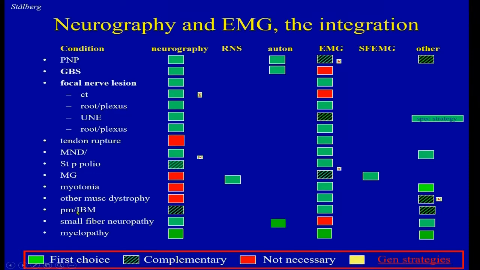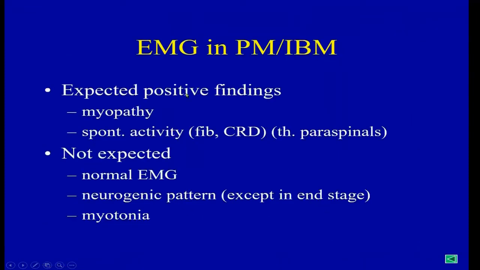Polymyositis, IBM, we see myopathy and spontaneous activity, even with a lot of CRDs sometimes. And here it's important to choose the correct muscle. They should be around the thoracic paraspinals and also in the forearm flexors.